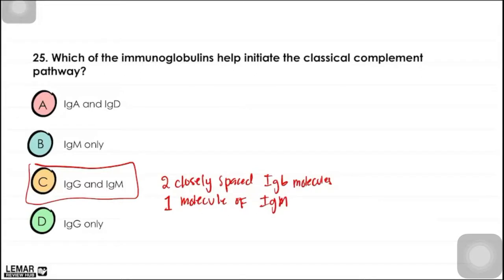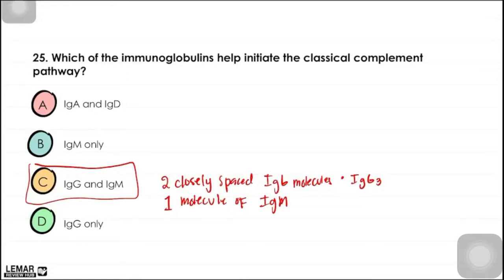So this IgG and IgM are bound to an antigen expressed on the surface of the bacterium. In particular, we have your IgG subtype 3. These are effective activators of the classical complement pathway. So for number 25, the answer is IgG and IgM.